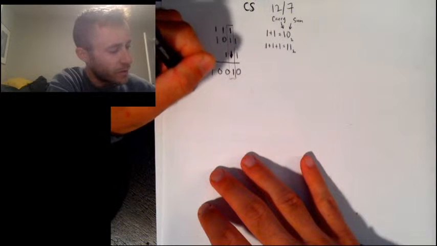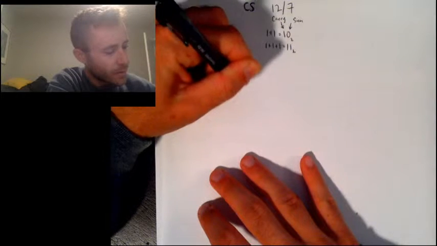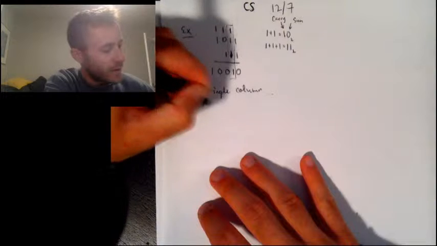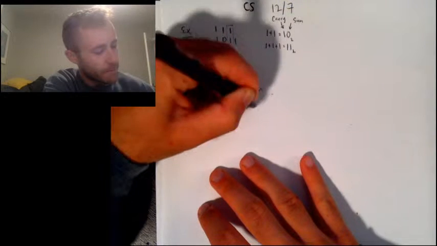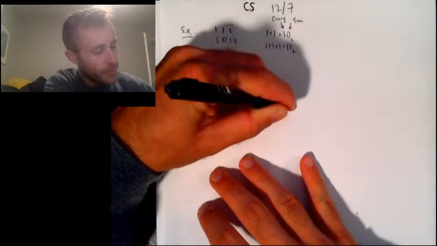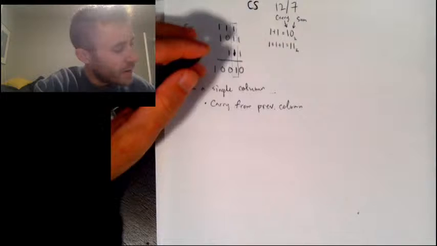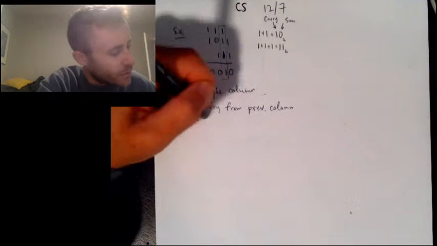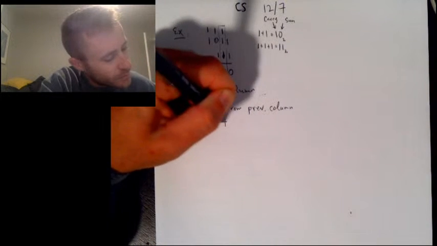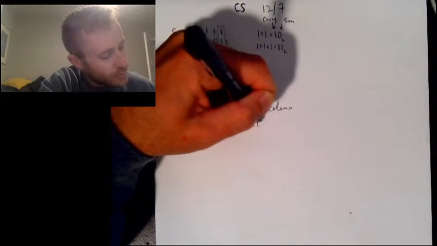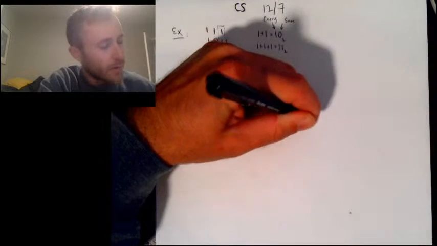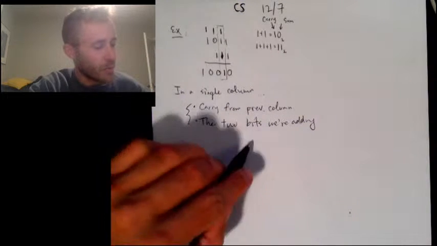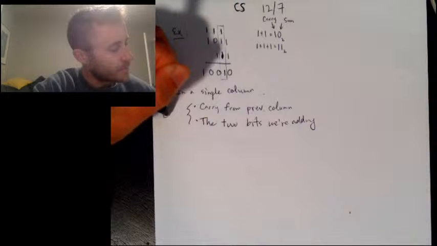In a single column, we have a carry from the previous column, and we have the two bits that we're adding. So these are the inputs.